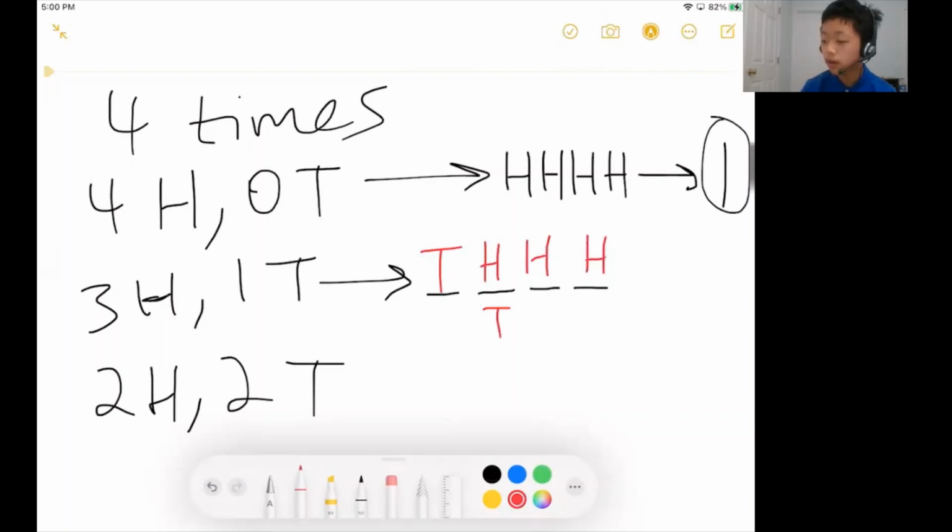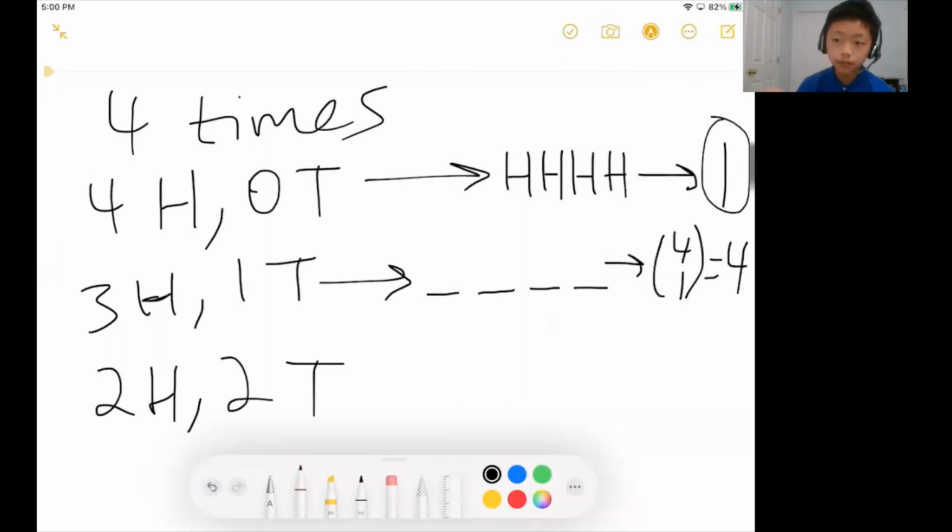If the tail goes here, the remaining 3 heads go here. You could list them out, or you can just say this is equal to 4 choose 1, which is 4, because 4 choose 1 represents which of the 4 places you choose to put the 1 tail in. So 4 ways to do that.